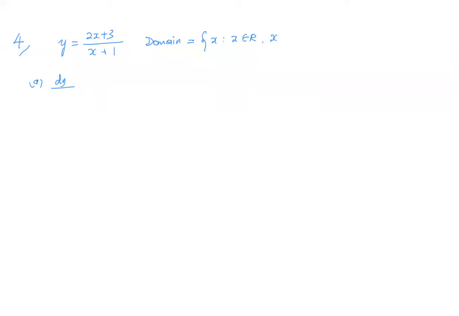Christopher? Cannot be equal to -1. Yeah. So may I know what is the vertical asymptote? x equals -1. You are right.